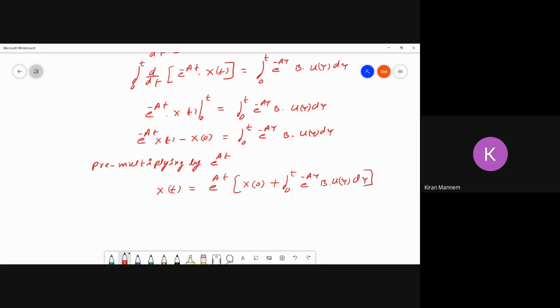Right? So this is how you get the solution for the non-homogeneous equation.